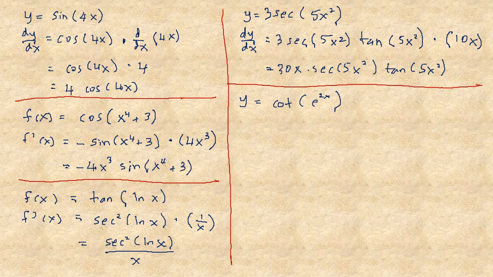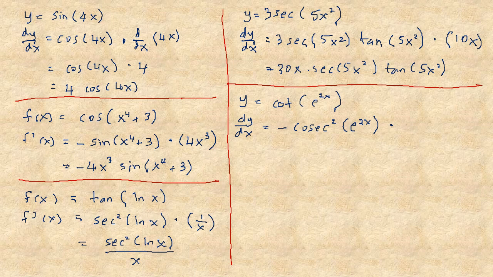Next example, y equal to cotangent of exponent 2x. So differentiate, dy over dx equal to, first we differentiate cotangent. By using the formula we will get negative cosecant squared. So we get negative cosecant squared, and then we write the function exponent 2x, and then multiply by the derivative of exponent 2x.